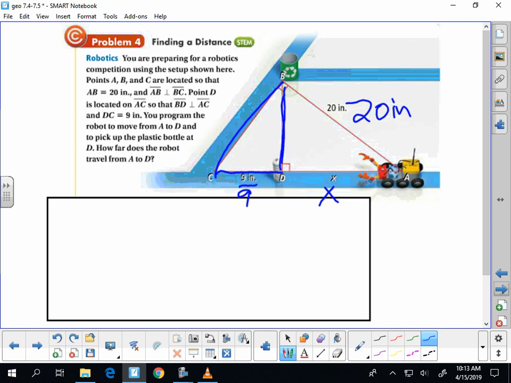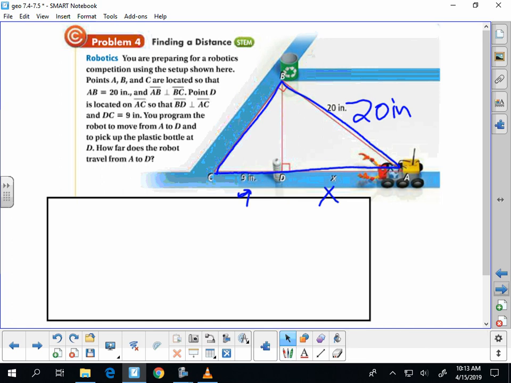Do I know anything about this? It's not even represented with a letter, so I know that triangle is out. So I'm going to go with the entire triangle and this medium triangle.